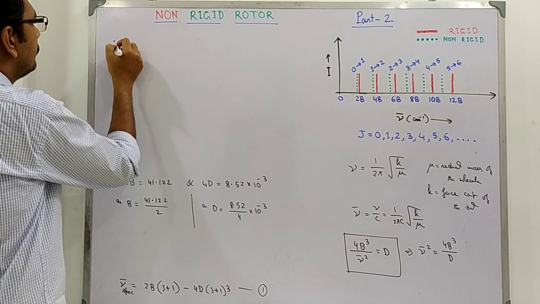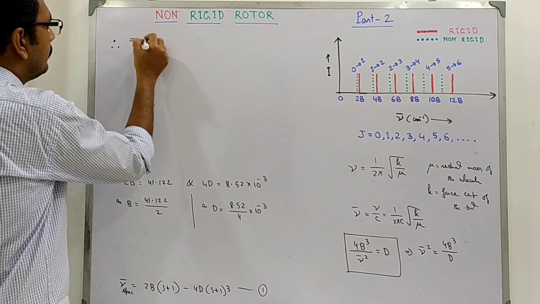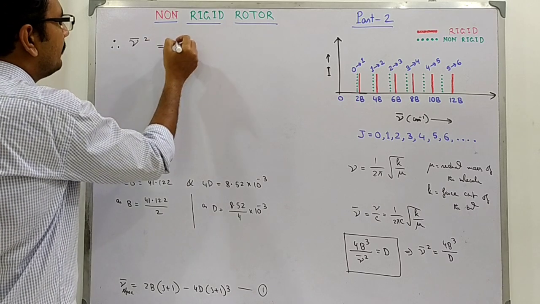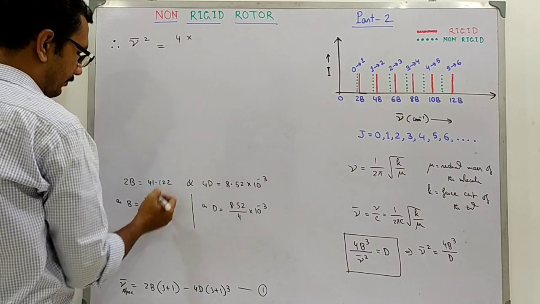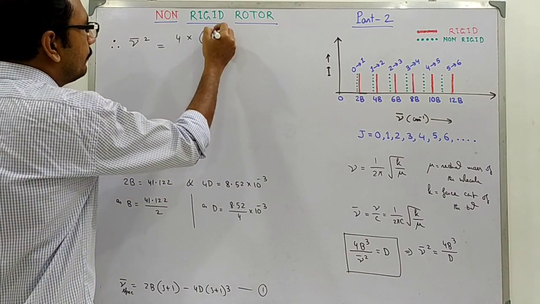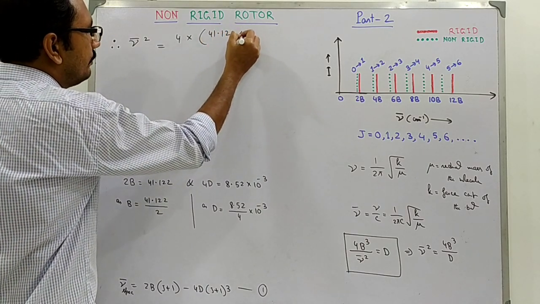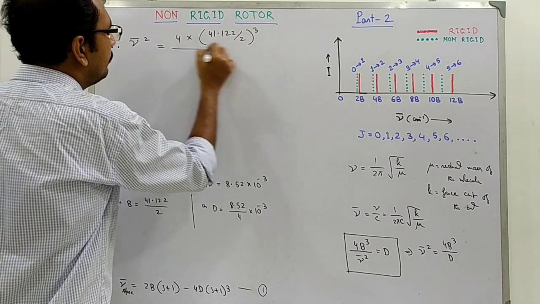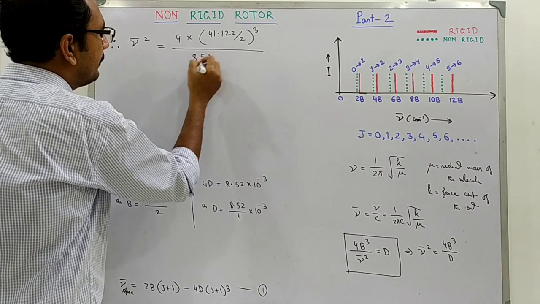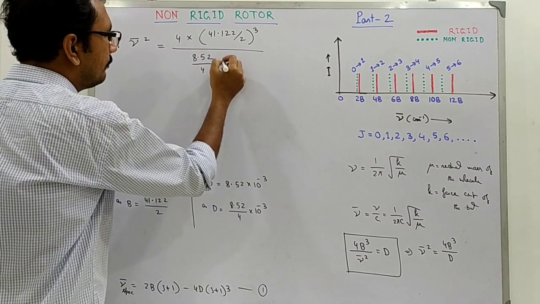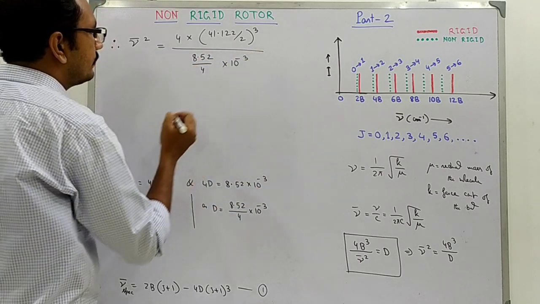Therefore, nu bar square will be 4 into b cube. So, b is 41.122 divided by 2, cubed, by d, where the value of d is 8.52 by 4 into 10 to the power minus 3.